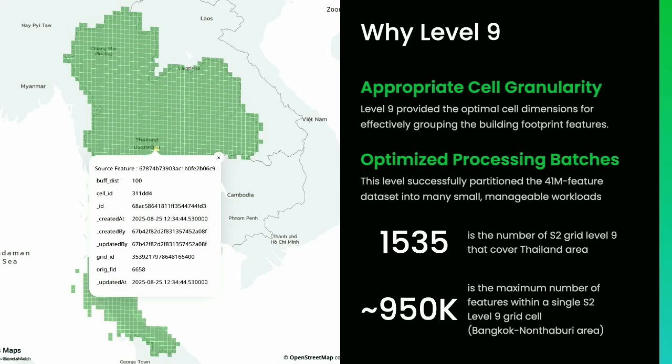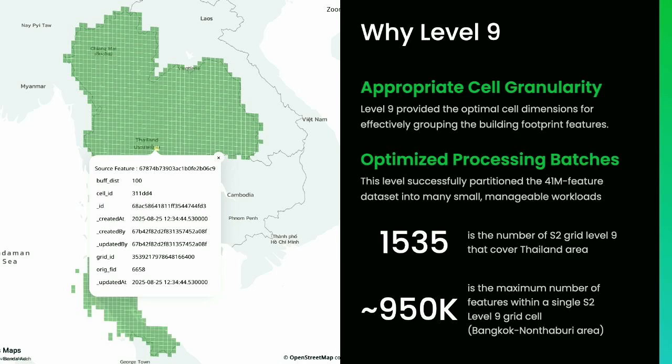So why did we choose S2 level 9? Because S2 level 9 has an appropriate cell granularity, and the size it uses to chunk our data is manageable for our 41 million building data. 1,535 is the number of S2 level 9 grid cells that cover the Thailand area.